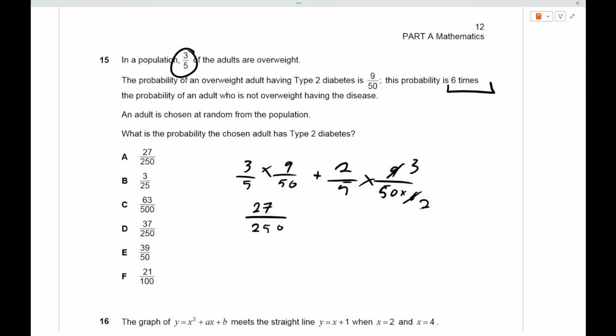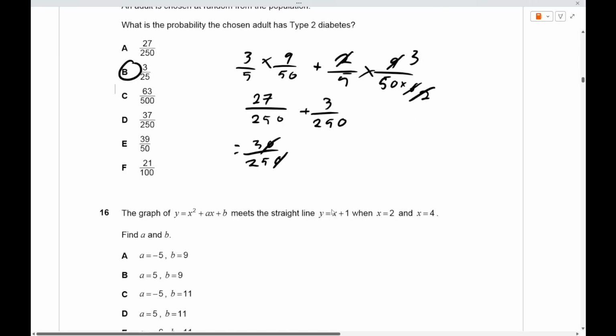And this 2 cancels with that. Then you have plus 3 over 250, which is 30 over 250, which then you can simplify, and you're left with that, B. Again, really simple, only 3 lines of working. You just have to absorb the information very quickly and write as much as possible.